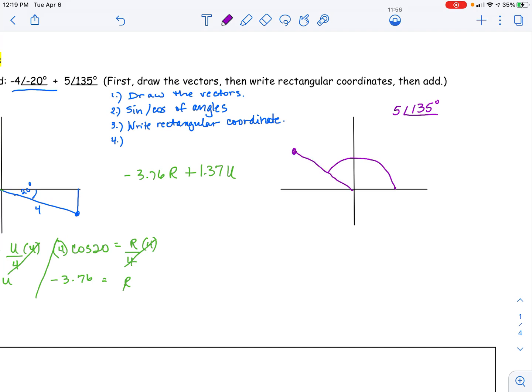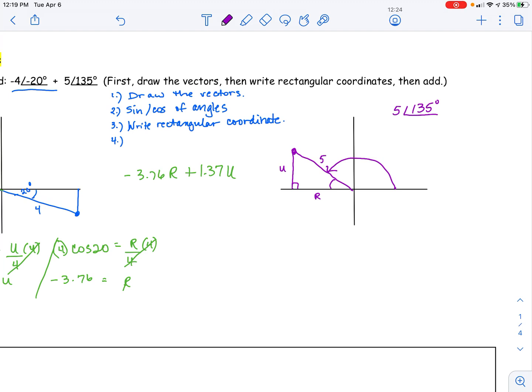Okay, we're going to draw our line here and bring it down to make a right triangle. We know that the hypotenuse, or the line of magnitude, is 5, and we're going to figure out these two measurements here. This is what we have been doing, which is nice. Now we have to figure out what this angle's measurement is. We know we went 135 degrees to find the line of magnitude, right?